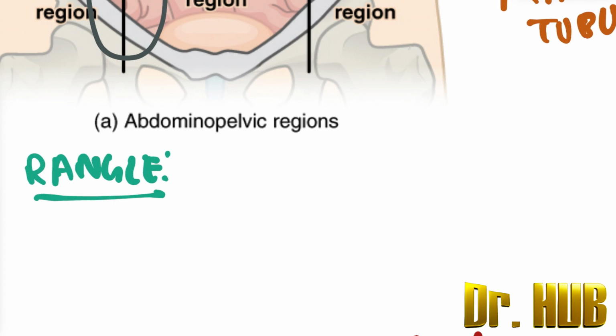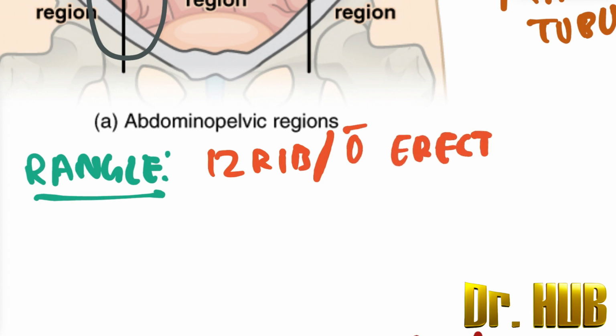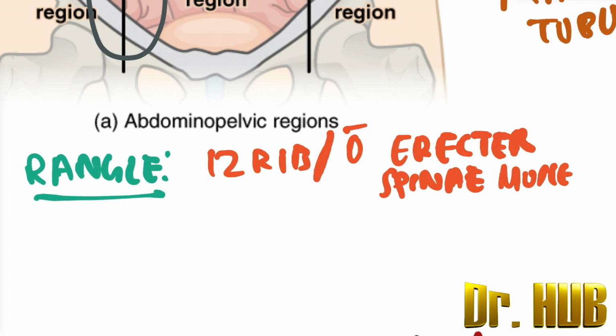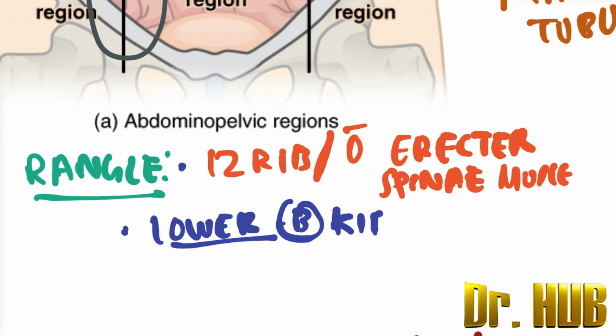This renal angle lies between the 12th rib and the outer border of the erector spinae muscle, and also it is where the lower border of normal kidneys may occasionally be felt.